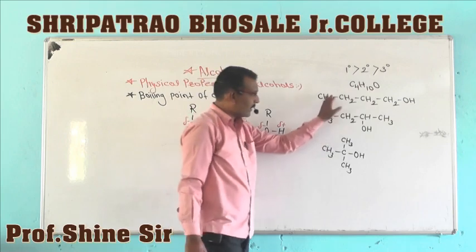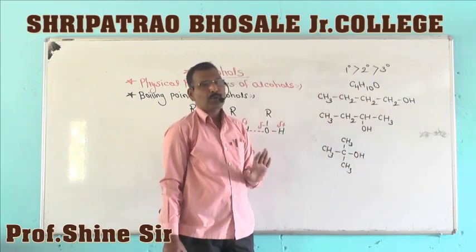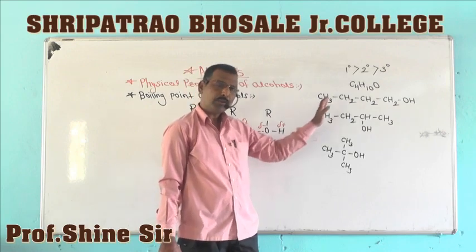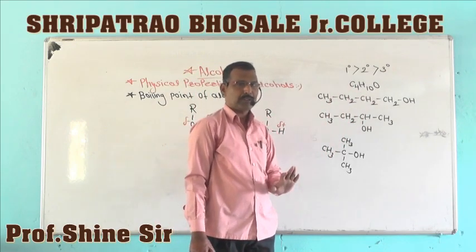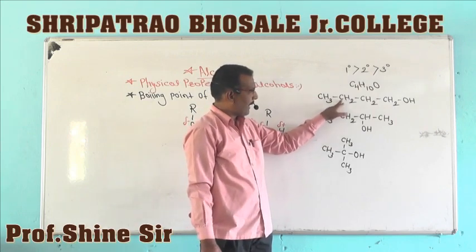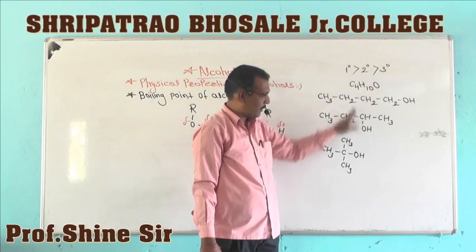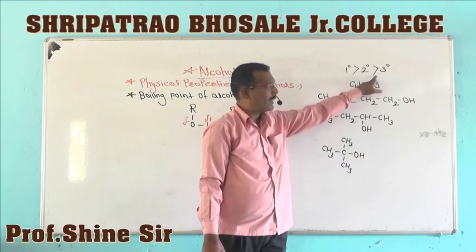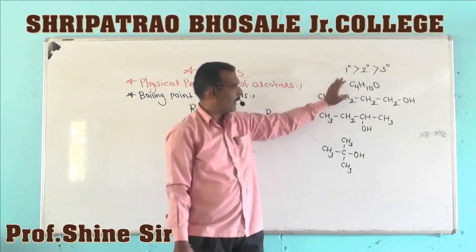So the greater the surface area, the greater the force of attraction, and the higher the energy required to overcome these forces. Therefore primary alcohols have higher boiling point than secondary alcohols, which have higher boiling point than tertiary alcohols. So keep this point in mind.